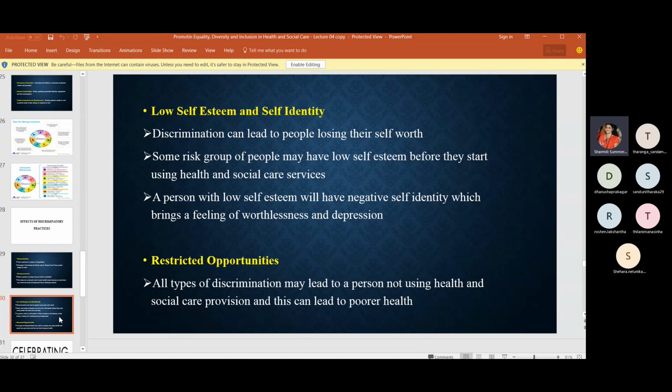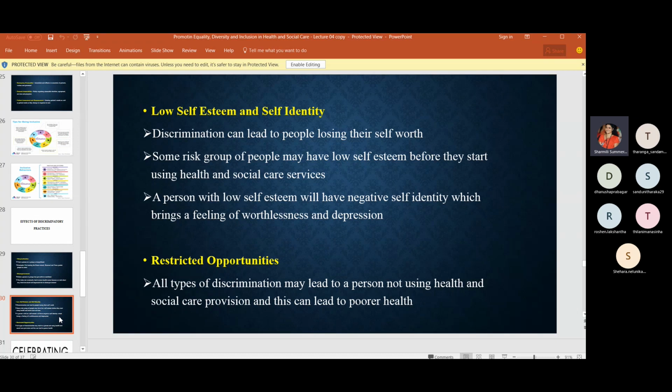Some risk groups of people may have low self-esteem before they start using the health and social care services as well. So these discriminatory practices can eventually develop low self-esteem, and this low self-esteem starts to prohibit or interrupt the usage of commonly available health and social services as well. A person with low self-esteem will develop a negative self-identity, which brings the feeling of worthlessness.